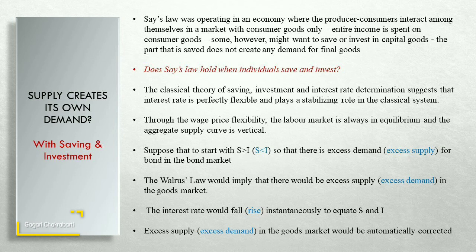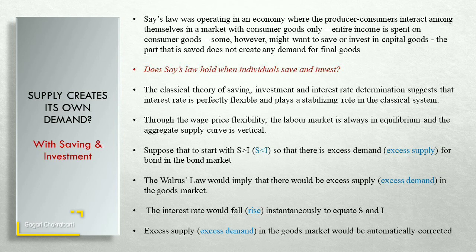So the interest rate would rise instantaneously to equate S and I. The bond market will come back to equilibrium, and the excess demand in the goods market will be automatically corrected. So the wage price flexibility and the interest rate flexibility in the classical model will ensure that Say's law will always be true when individuals are saving and investing.